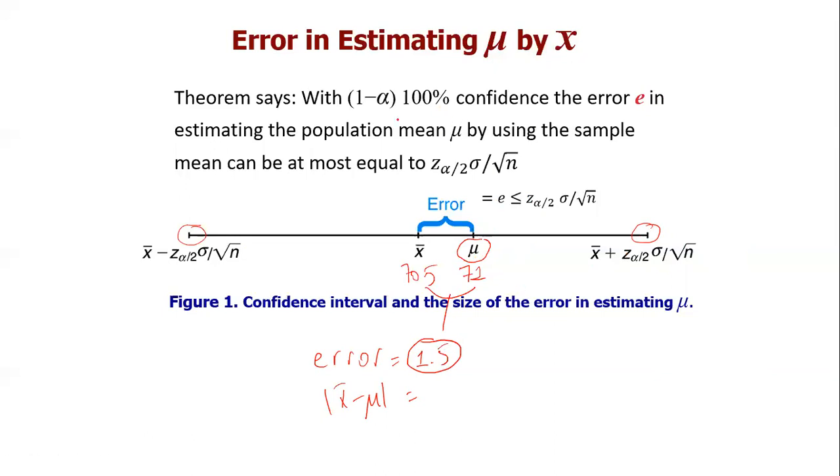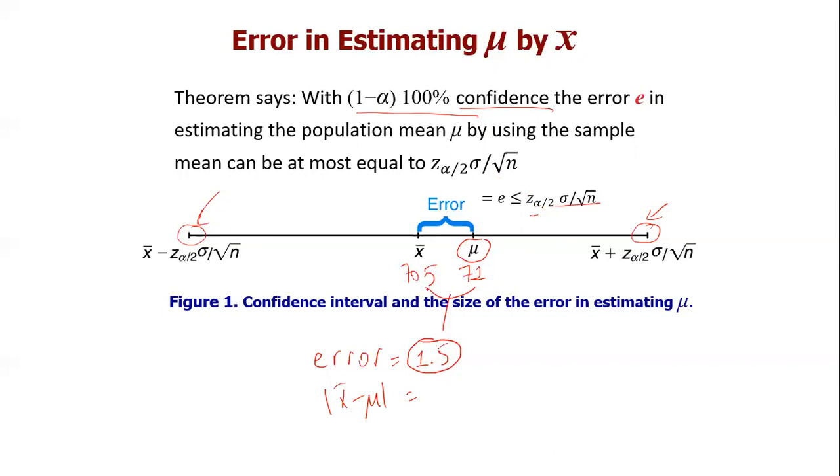But with this confidence interval, I am confident that your mu is between this point and this point, which means your error with this confidence level will be smaller than z sub alpha over 2 times sigma divided by root n.